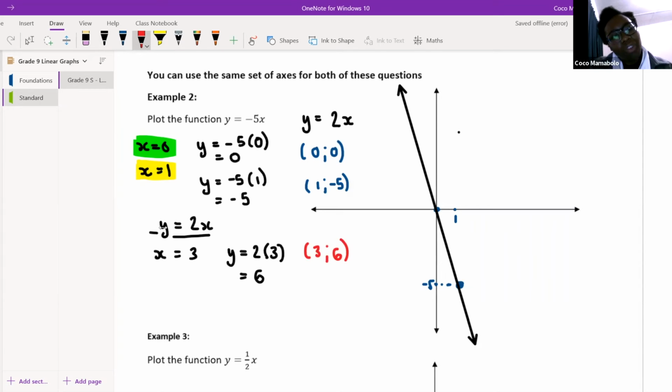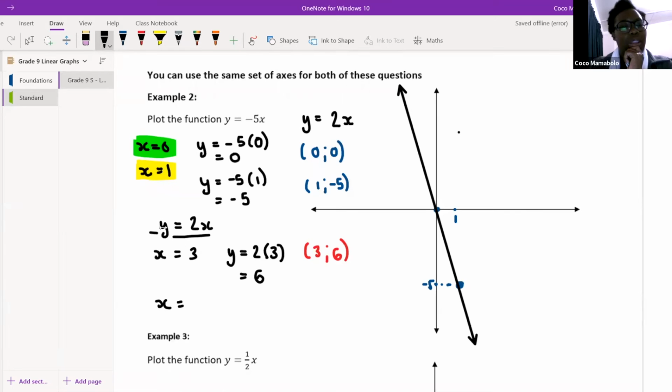Okay, I have 1 point. How many points do I need to plot a graph? Okay, I need 2 points. Give me another, choose another value. Ravi, are you there with us? Okay, I can't hear him anymore.